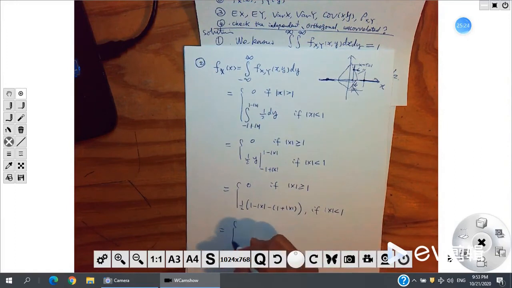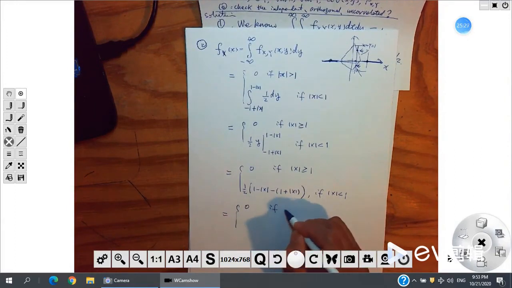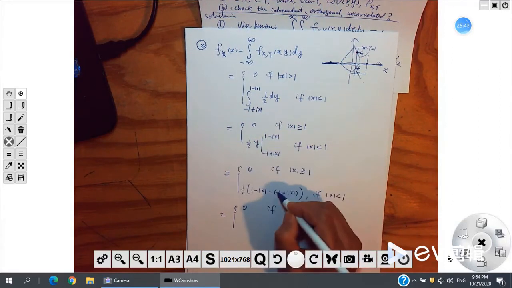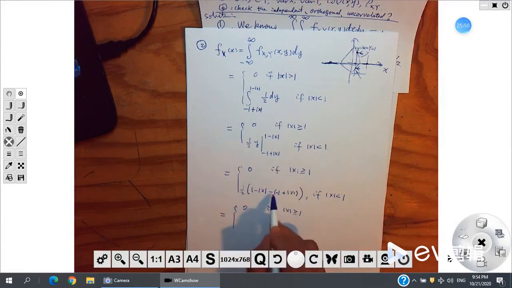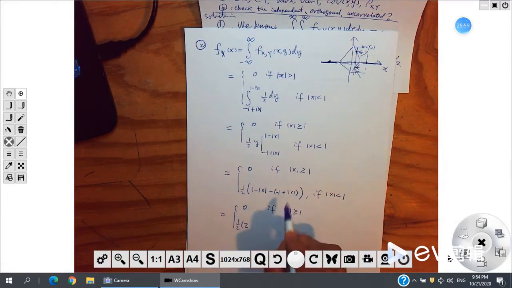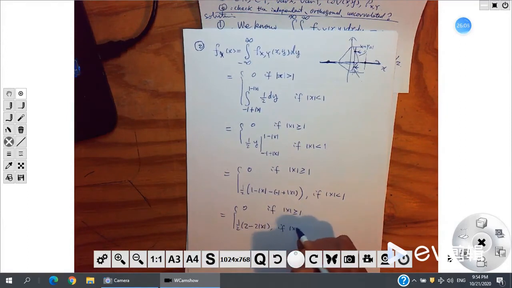Okay, let me simplify. This is 0, I keep it, and this is 1 minus 1, they cancel, and then it is negative minus x. I got something wrong? Oh, here's a negative 1, sorry, I forgot this, it's a negative 1. So this is 1 minus a negative 1, I have 2, and then minus the absolute value of x minus another absolute value of x, so minus 2 times the absolute value of x, if x is smaller than 1.